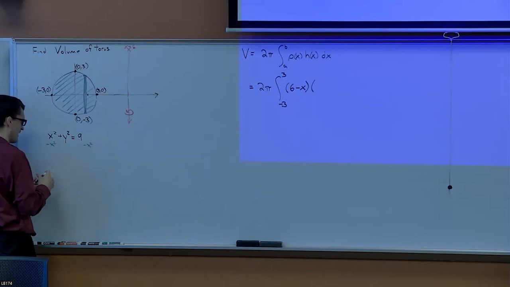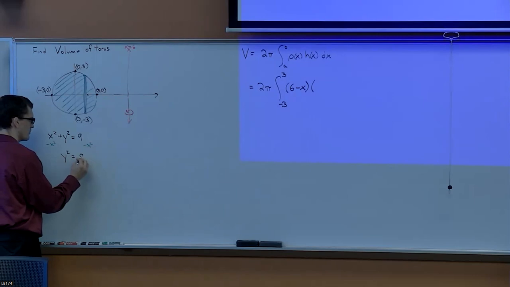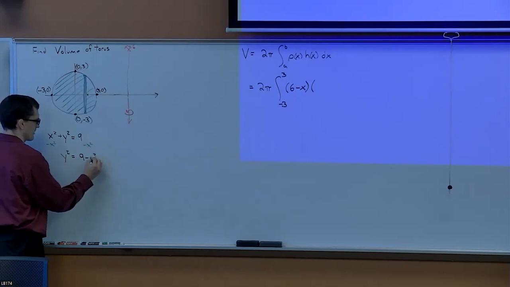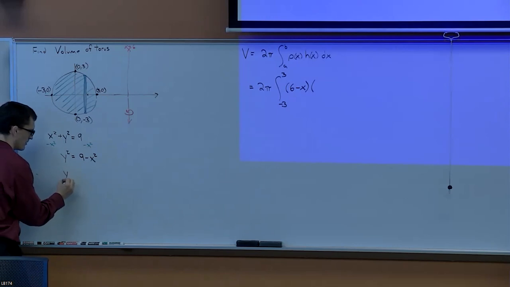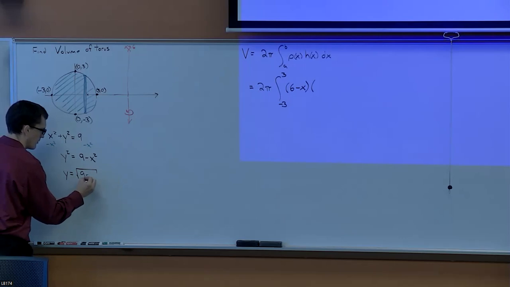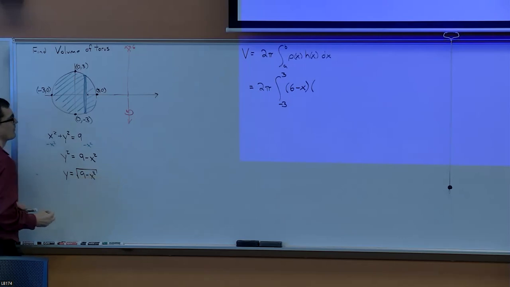That'll give me y squared equals 9 minus x squared. Now, here's the thing we need to know about circles. If I'm solving for y, if I take a positive square root, what portion of the circle is that?